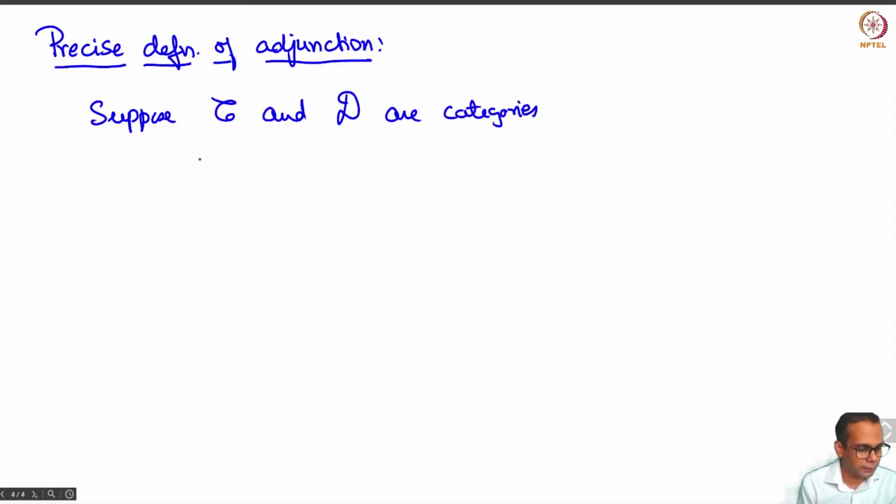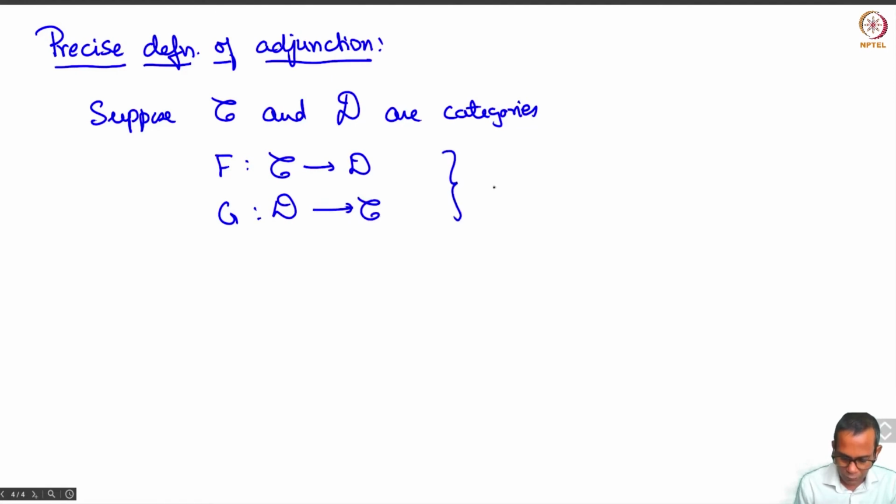And you have functors f from C to D and g from D to C. Functors.